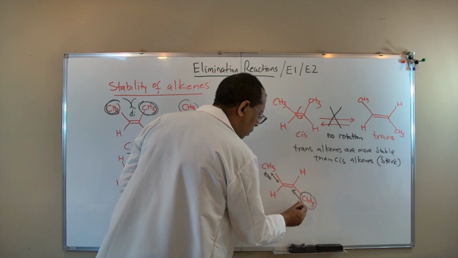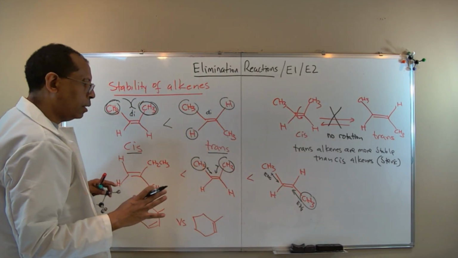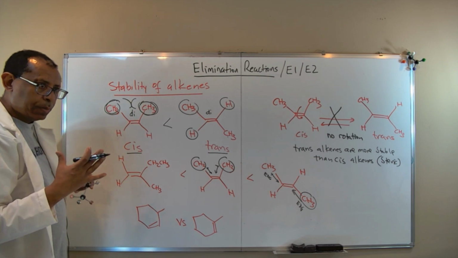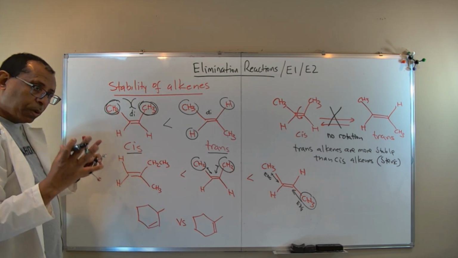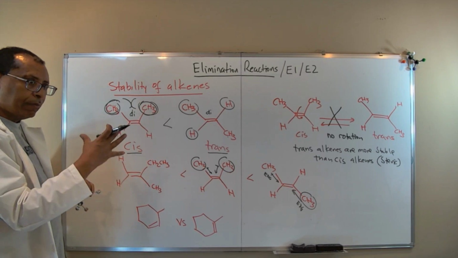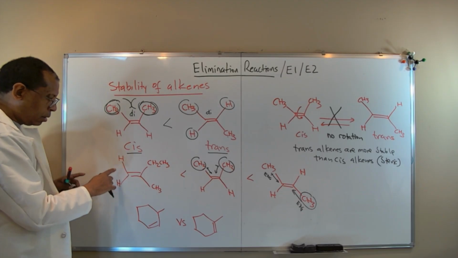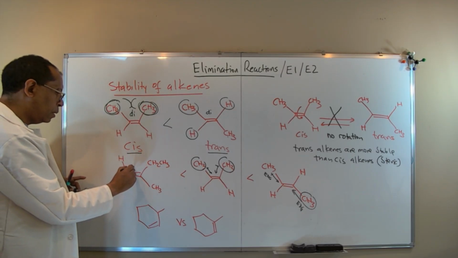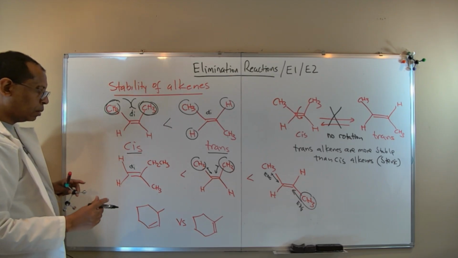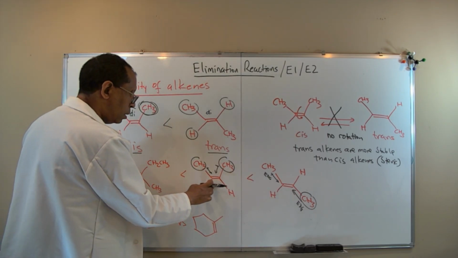But also, in terms of stability, that cis is not stable because of sterics. So you have to always consider sterics versus how much electron donation is present. Here, this is a di-substituted. Okay, a di-substituted. And here, this is a di-substituted.